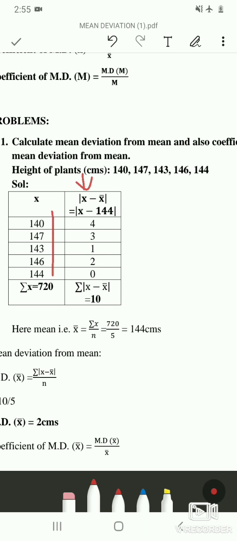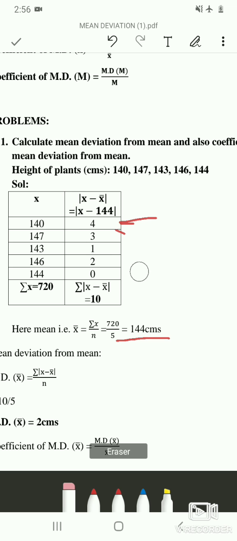Representing it in a tabular form will be very easy to calculate. So these are your x values, and we know the x bar is 144. So modulus of x minus x bar is, for the first cell, that is 140. 140 minus 144 is minus 4, but here we are taking the absolute value, so the negative sign has to be ignored.